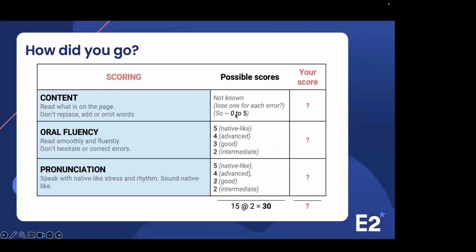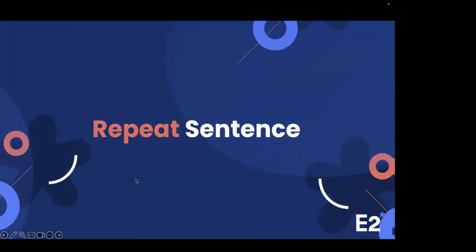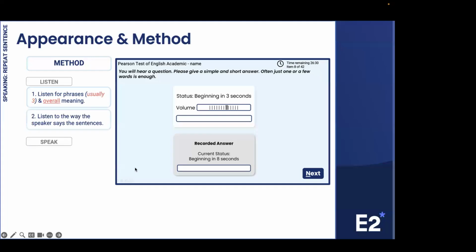Okay, that's the clue. Content, fluency and pronunciation: hit the nouns, verbs, adjectives, and adverbs, maintain fluency, and keep pronunciation clear. Repeat sentence. What do we do? Well, we listen for phrases, usually the overall meaning.